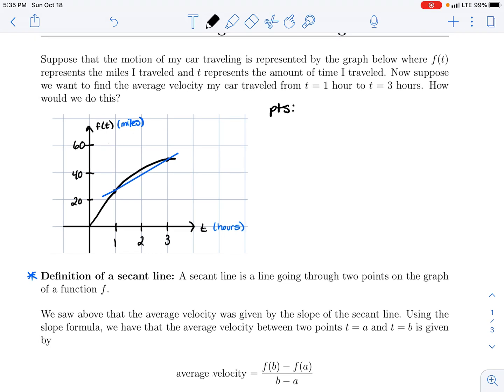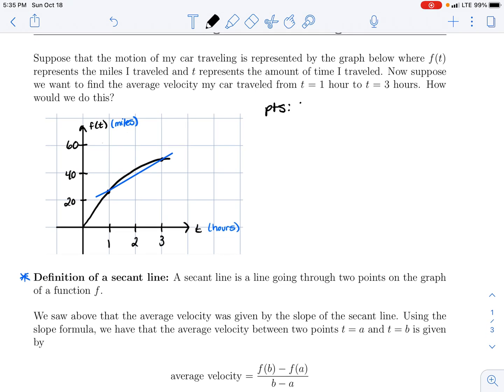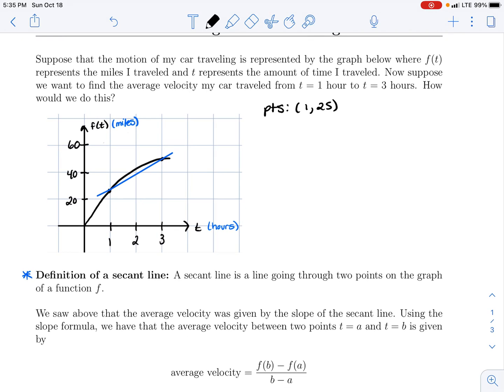My points on my graph that I'm looking at are when t equals 1, I have that f of 1 is 25, so here's my coordinate 1, 25. And when t is 3, I have that my output value, or f of 3, is 50.